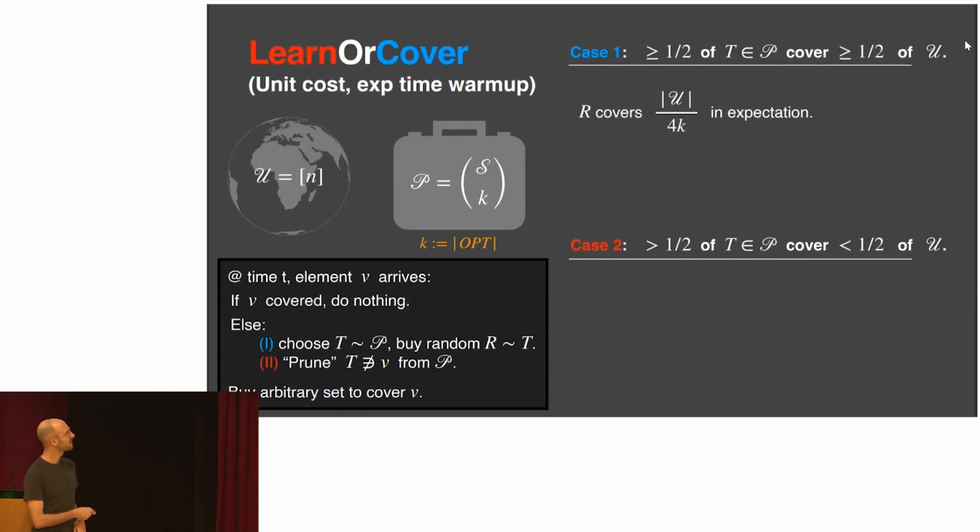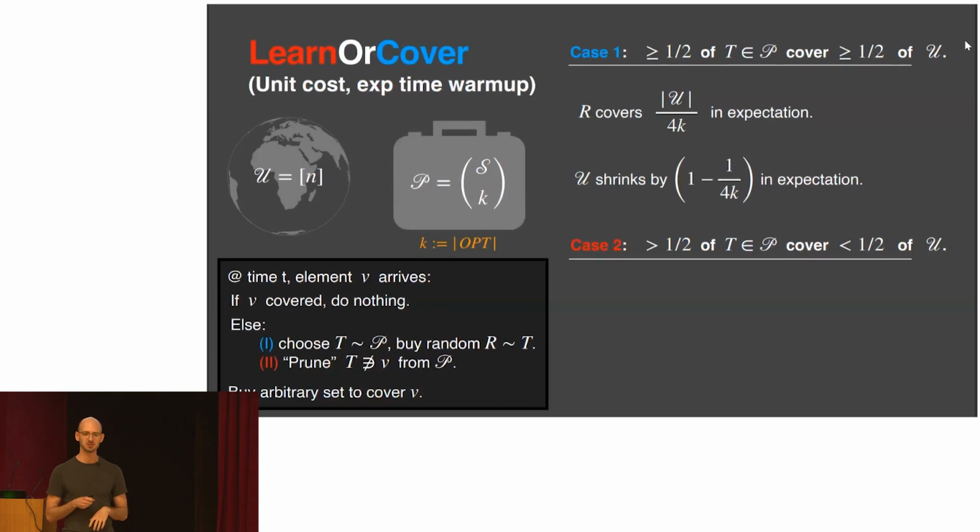Why is this? Well, if half of T cover at least half of U, then the T that I draw should cover about 1/4 of U in expectation. And I'm drawing a random R from the K things in T, so that's 1/K of that. So 1/4K. Meaning U is going to shrink by a factor of 1 minus 1/4K in expectation. In my head, I'm imagining I'm throwing out all the elements that I've covered.